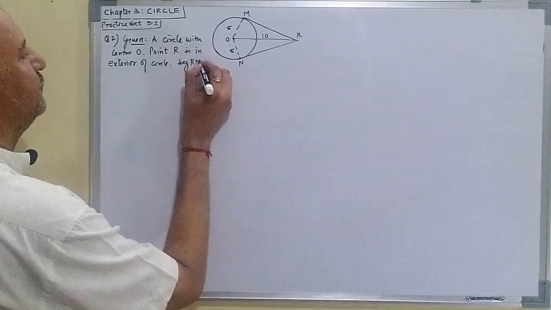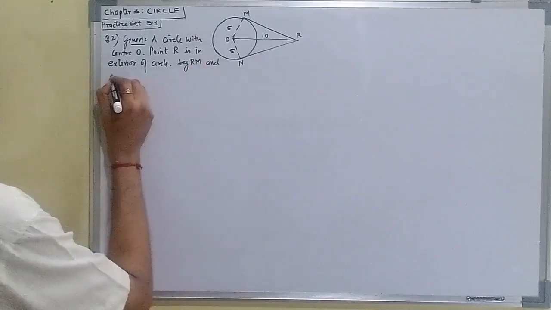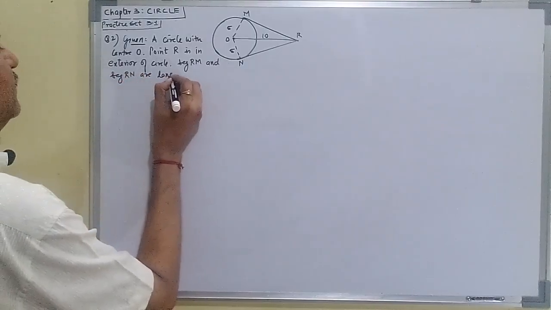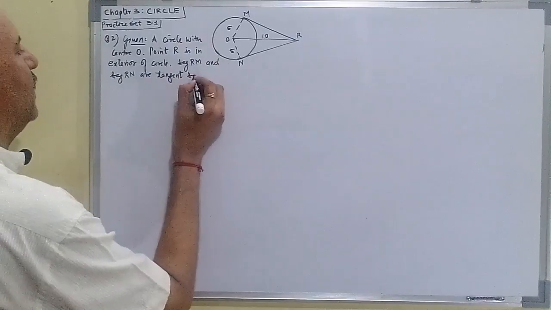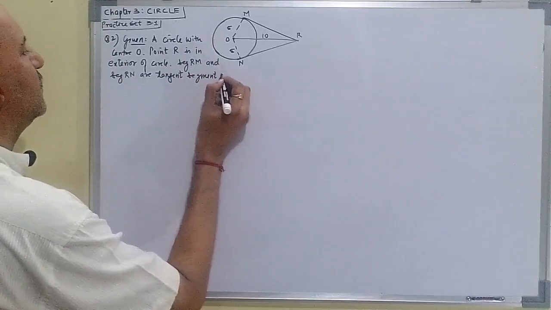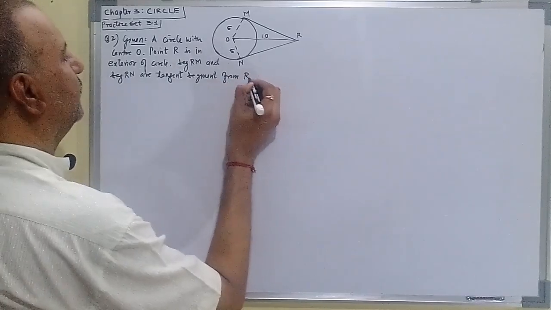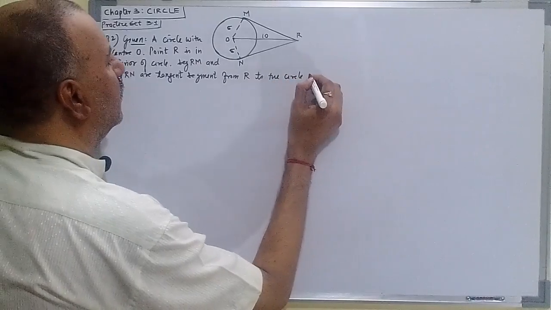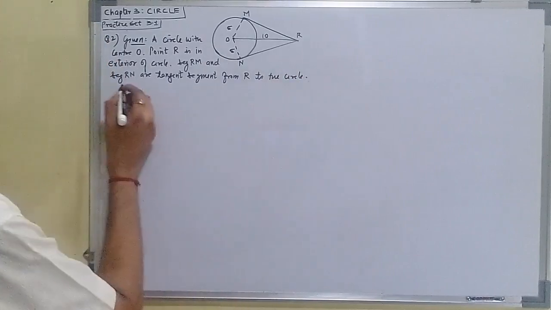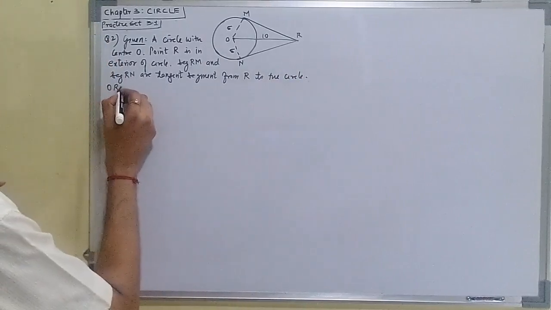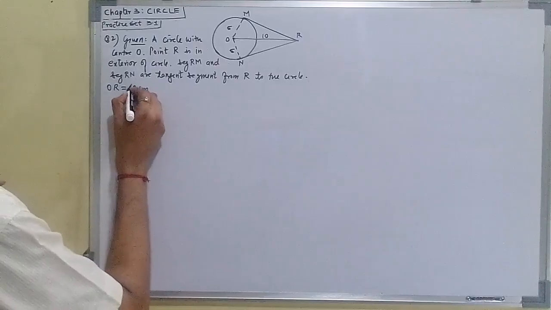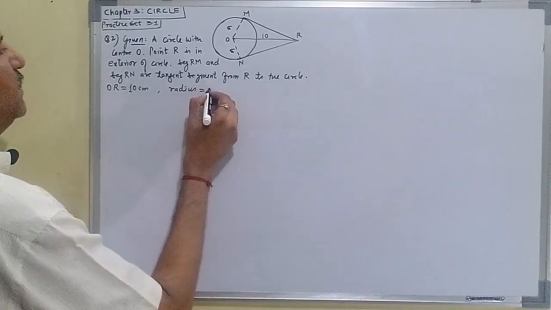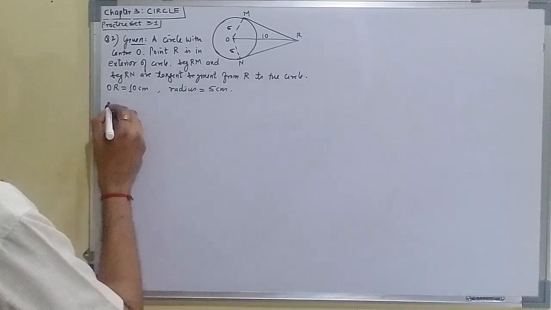Seg RM and seg RN are tangent segments from R to the circle. OR equal to 10 centimeters. Radius 5 centimeters.